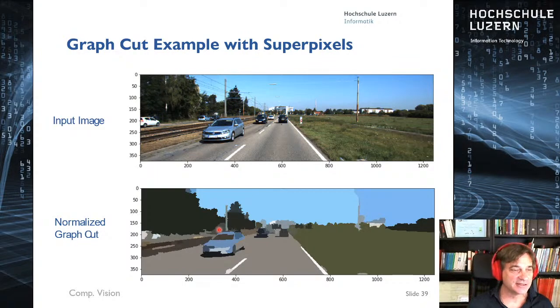So here is an example of what can be done with GraphCut and the superpixels. I haven't shown the intermediate step of the superpixels that you will first apply on the input image, and then on those superpixels you do the GraphCut algorithms, which then effectively combines those superpixel regions.